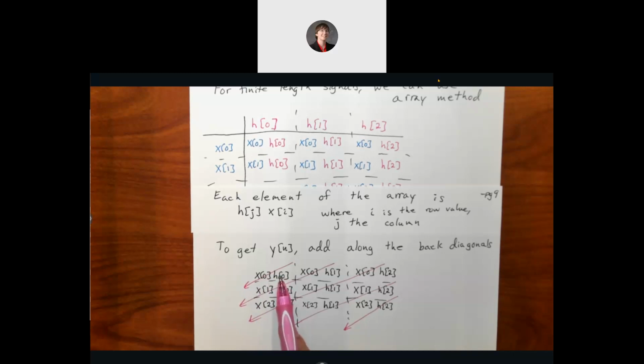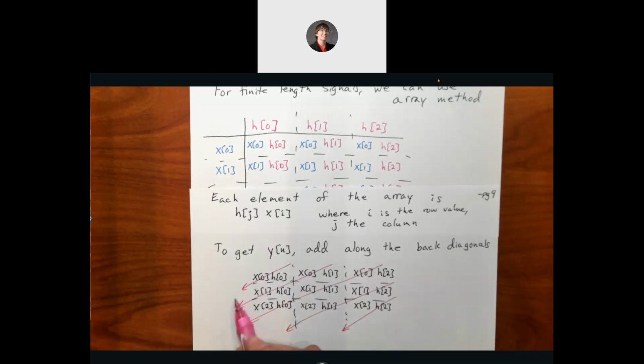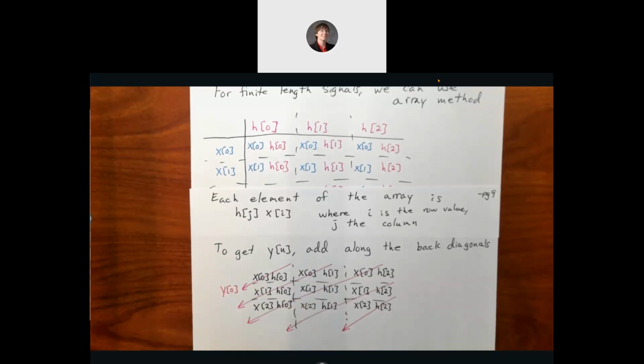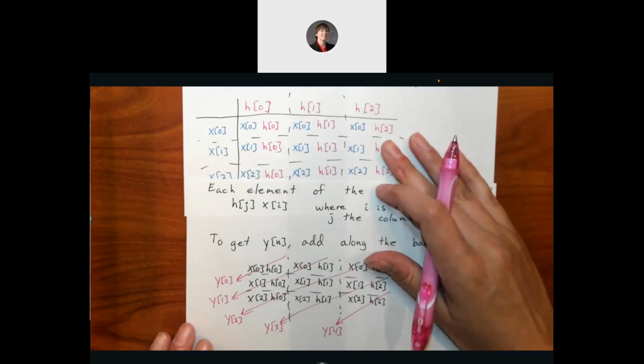So we look for which diagonal has the multiplication of the two 0 elements. This one has our x0 and our h0. So that means that this diagonal here corresponds to y0. And then as I move to the right, I'm increasing my value of n. And as I'm moving to the left, I would be decreasing that value of n.